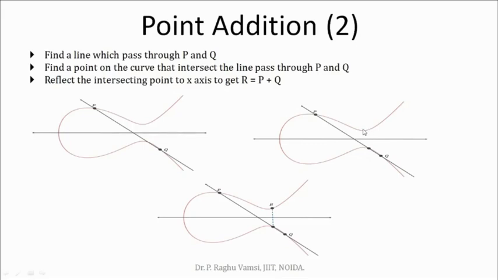So a line passes through P and Q, and the addition of P and Q becomes the mirror image of the point where that line intersects. This is R. R is equal to the addition of P and Q.